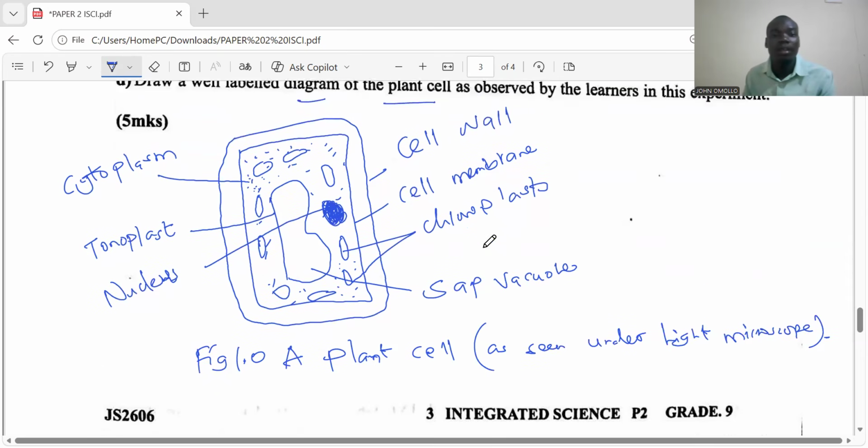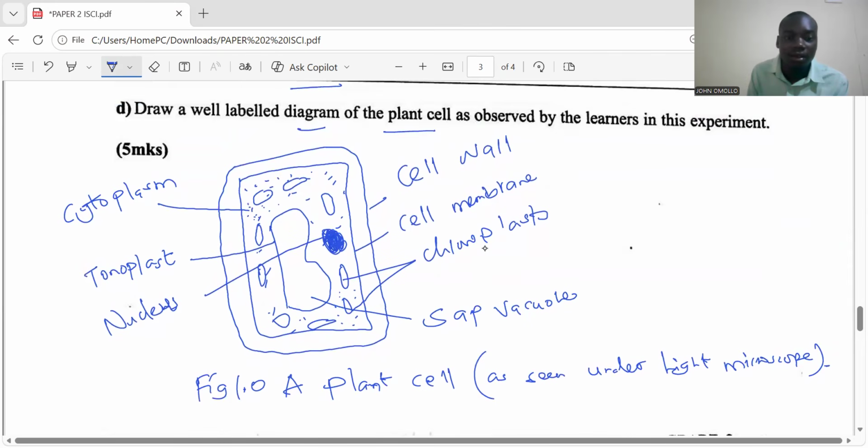So this is typically a plant cell with the nucleus here. These are chloroplasts, cell wall, cell membrane, vacuole, tonoplast, the membrane that surrounds the vacuole, then the cytoplasm. So that is 5 marks.